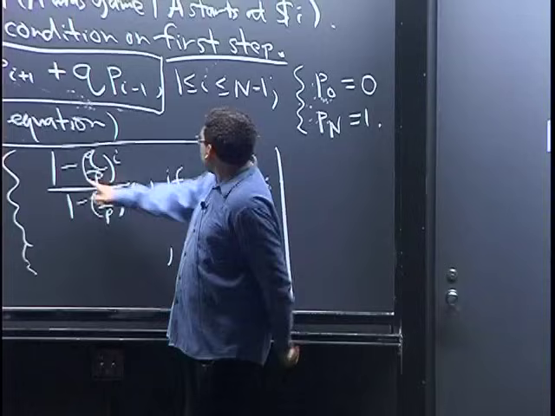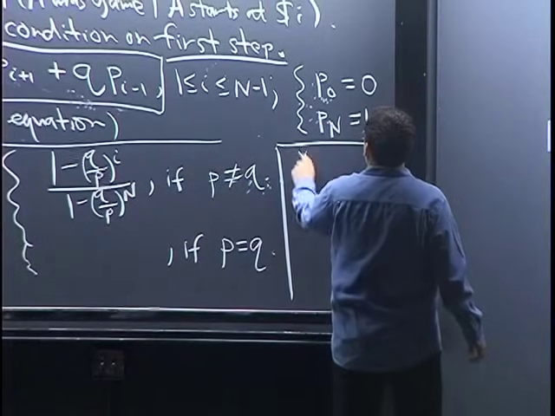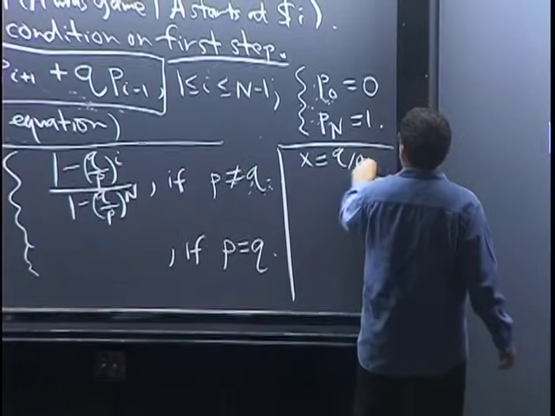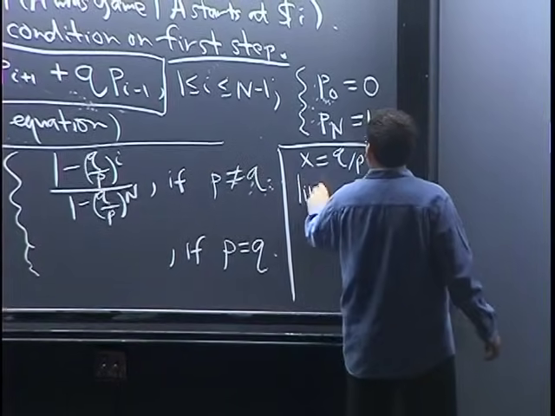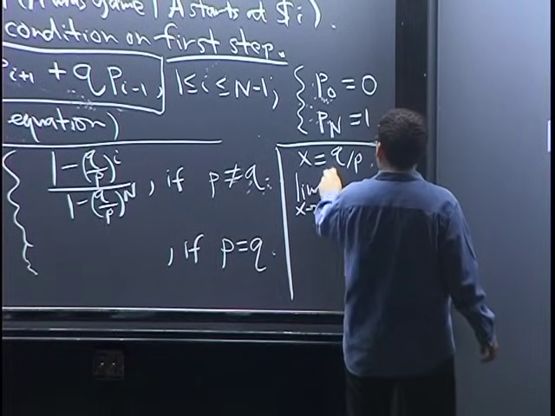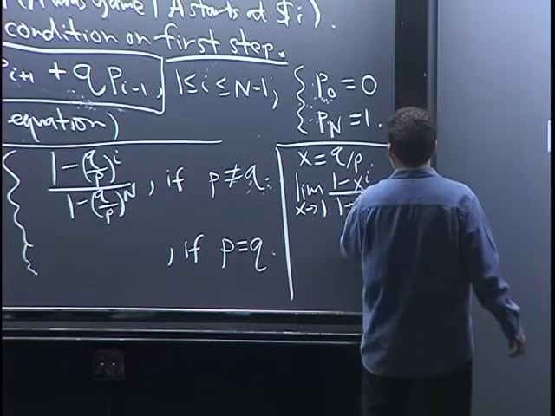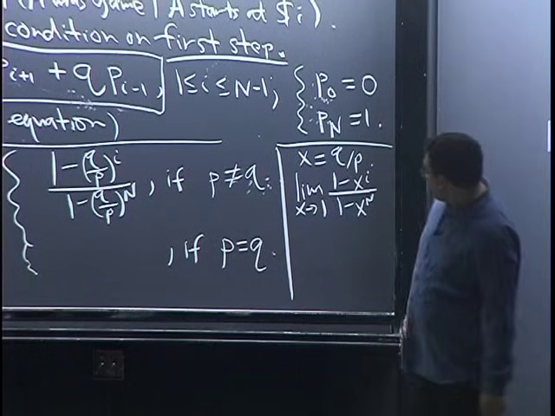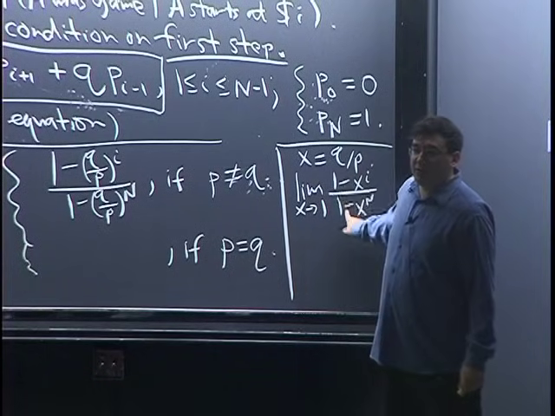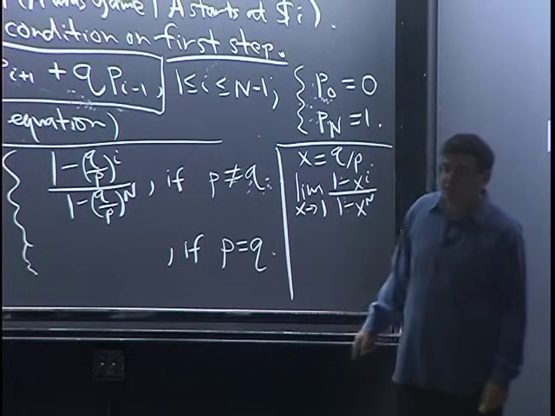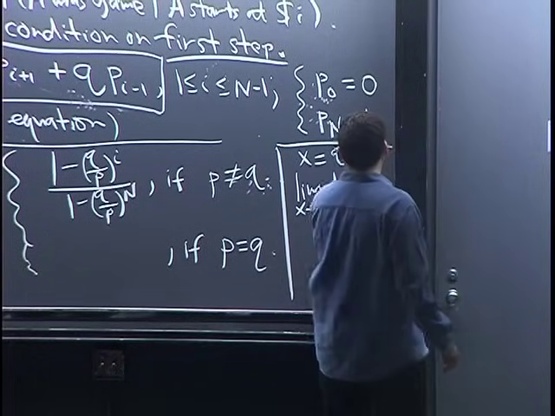Let's let x equal Q over P, and let's look at what happens as x goes to 1 in this solution. So we have 1 minus x to the I over 1 minus x to the n. That's of the form 0 over 0, okay? So we can use L'Hopital's rule to do this limit.